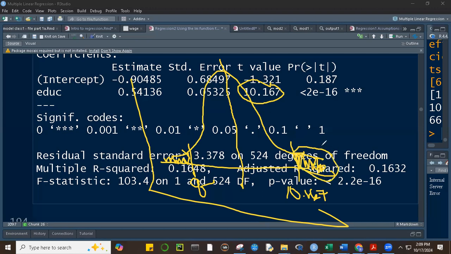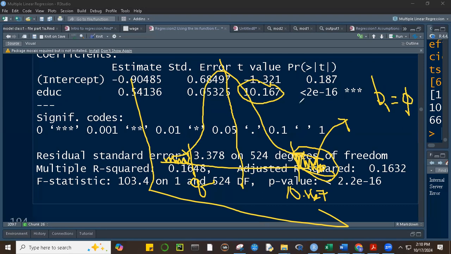We would like to know this p-value. Okay, this one, because that will be the basis whether to reject or to not reject our null hypothesis. Our null hypothesis here, class, is that B1, that's the estimate, that's your beta for education, is equal to 0. That's our null hypothesis. Okay, and to answer that, class, we have to know the p-value.